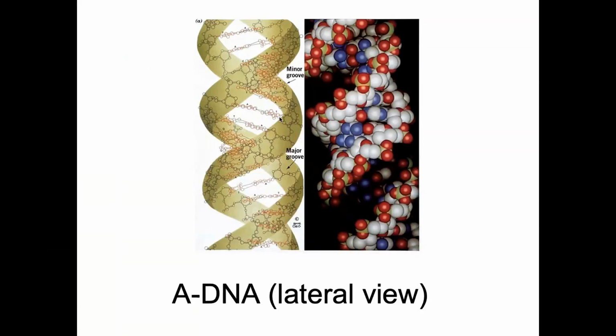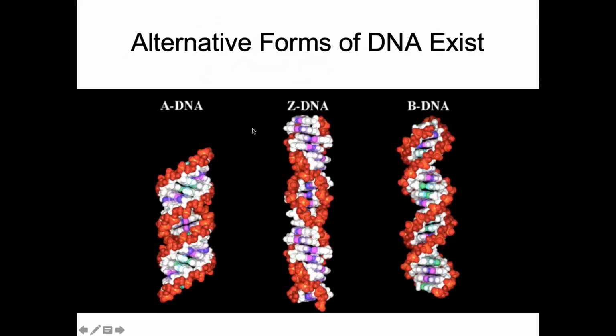But you can see in this more tightly coiled, more compact molecule of A DNA that those base pairs, again, are at an angle. So again, that leads to an alteration of the nature of these grooves and an alteration to the means by which you can access the informational content of the molecule.